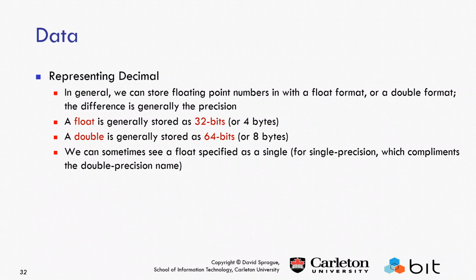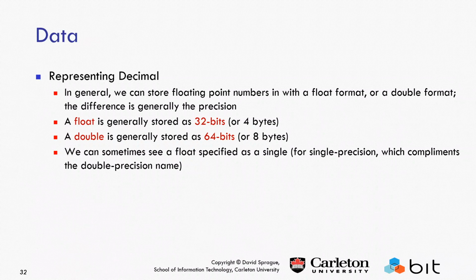A float is often 32 bits and a double 64 bits. On a 64-bit system, a float might be 64 bits while the double is 128 bits. Depending on the compiler and operating system, they're going to be different sizes, but the bucket sizes are approximately 32 bits and then 64, double the size, for a double.